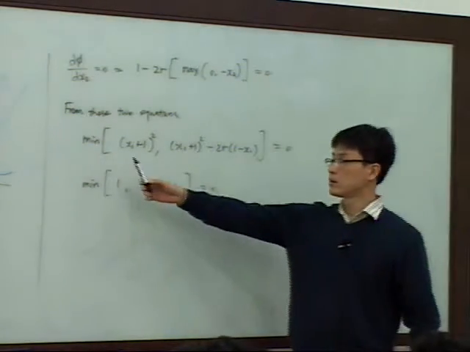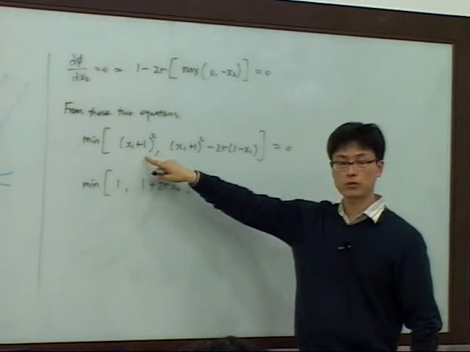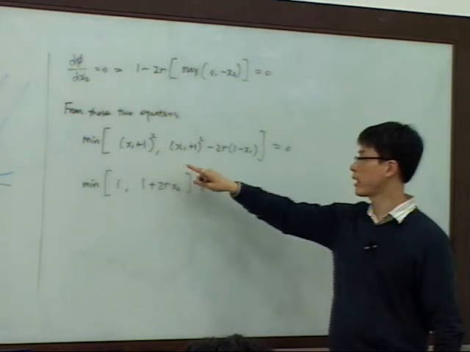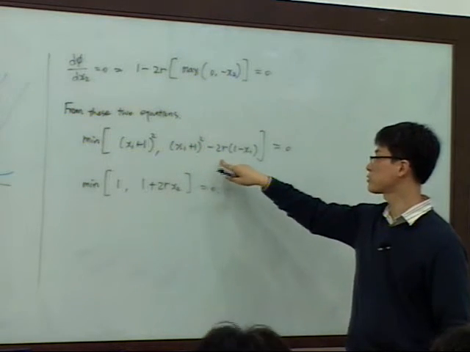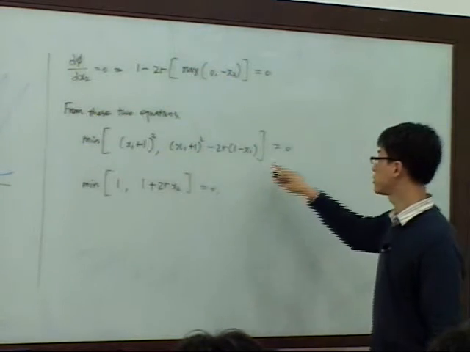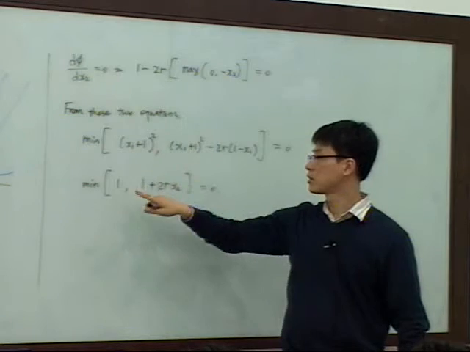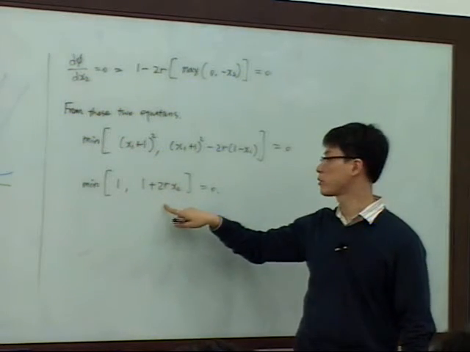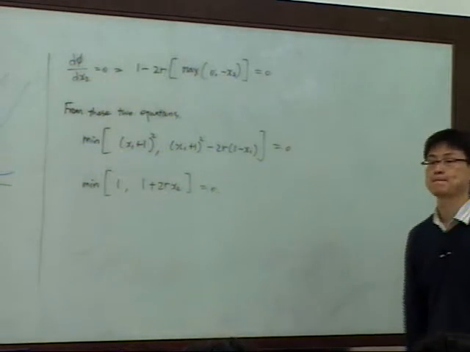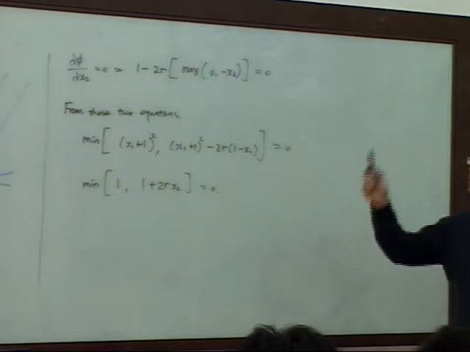Which means among the smallest of these two, x1 plus 1 squared and x1 plus 1 squared minus 2r(1 minus x1), among the smallest two, it should be equal to 0. From the second equation, among these two, the smallest one should be equal to 0, because we are minimizing this one.